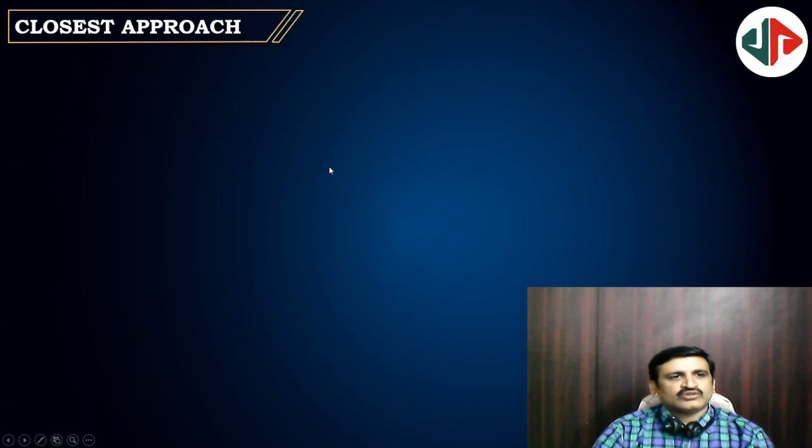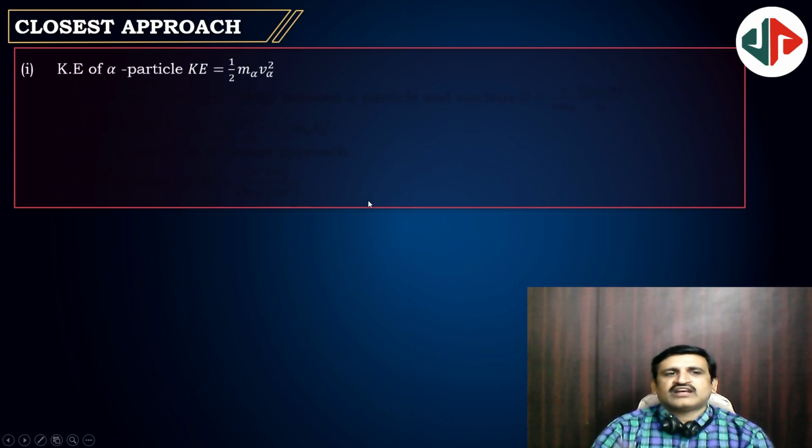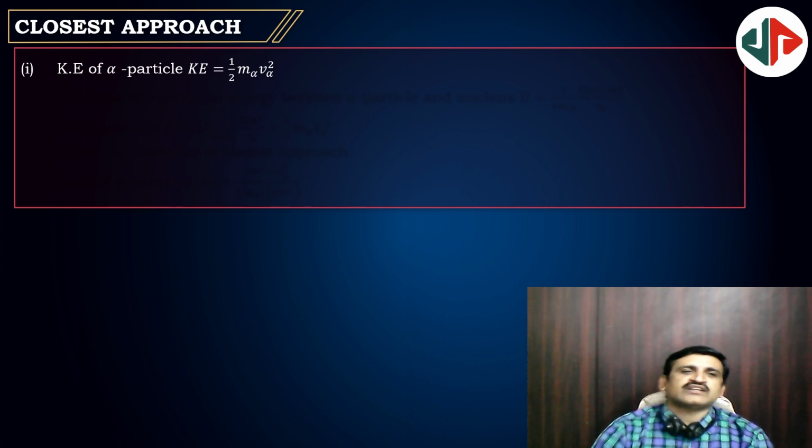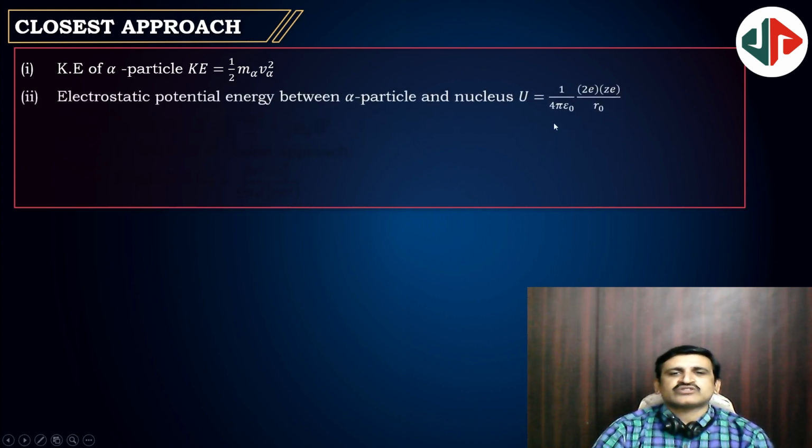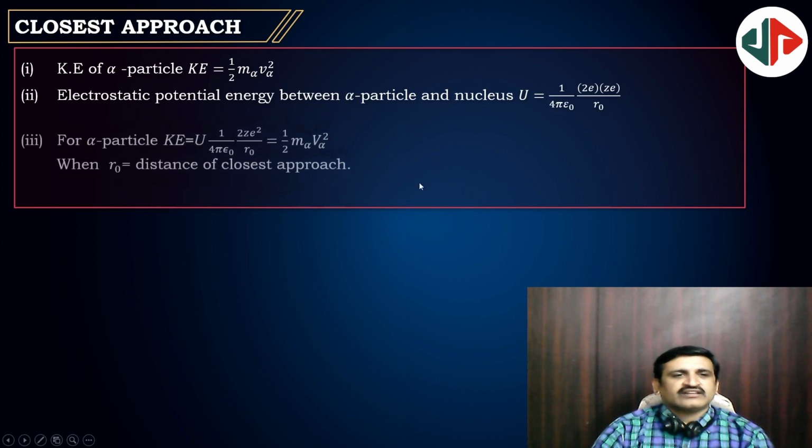Now, closest approach. When an alpha particle is projected towards the nucleus, how close can it go to the nucleus? That is called closest approach, given by this expression.